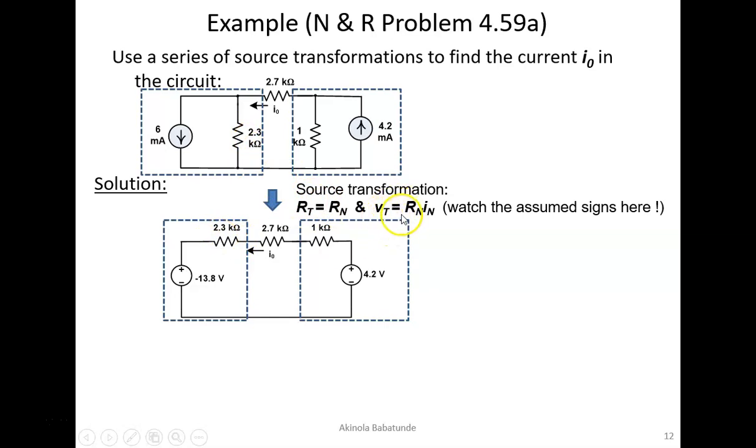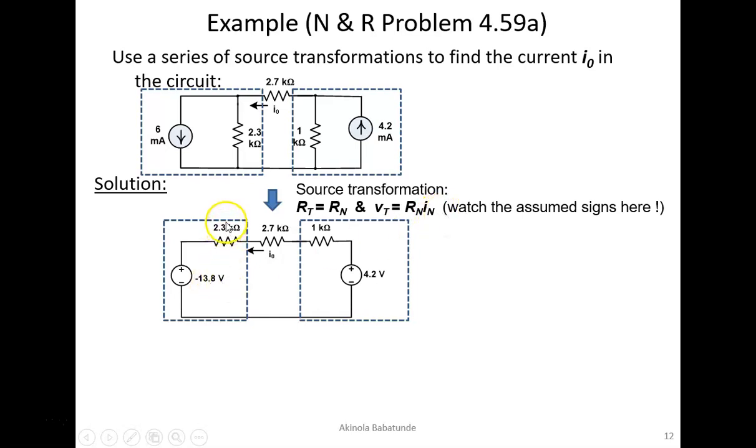Using this equation, Vt is equal to Rn in, to find our V Thevenin. What you will notice is that we know our Rn to be 2.3 kilo ohms, and we know our In to be 6 milliamperes. So multiplying 2.3 by 6 will give us 13.8 volts.